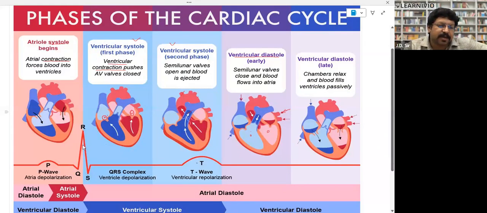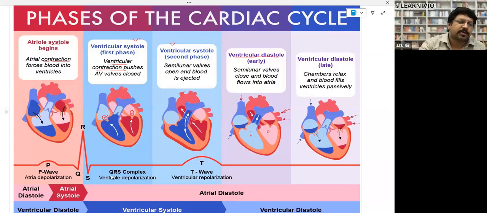What does QRS complex mean? What does T wave mean? How does T wave formation take place? Sometimes it is diagram based, where QRS complex is written and options are given. So take a screenshot of this one, and this is a perfect explanation as well.